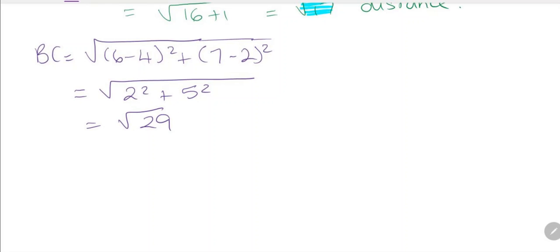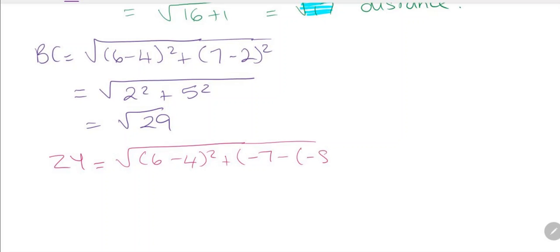And then if we look at ZY, this is (6 minus 4) squared, plus (minus 7 minus 8) squared. So if we look at this, this is 6 minus 4 squared, which is 4.